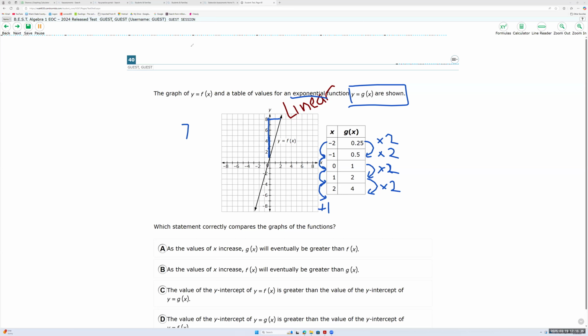So my slope is 7 over 2 or 3.5. So you're multiplying by 3.5, whereas this one, y is equal to 2 to the x. Okay, so if I were to plot this point 0 and 1, this is obviously less. Okay, I'm going to do the linear graph, very visible like this.